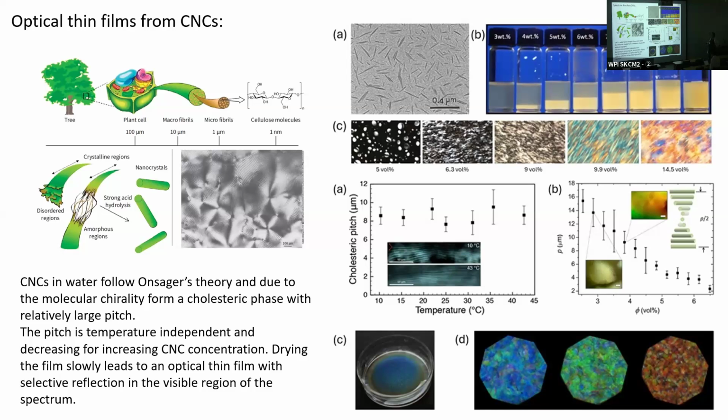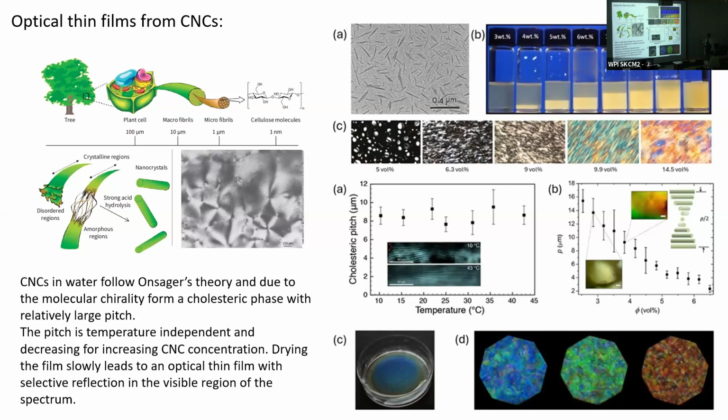And cellulose nanocrystals, if you disperse them in water, they will actually make a liquid crystal phase, at least at a certain concentration or concentration range.